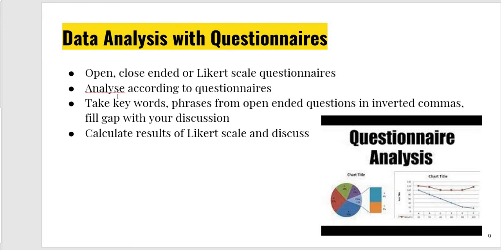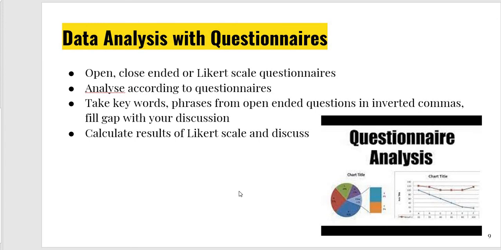You will analyze each questionnaire according to its frame, its style, and its content. Take keywords and phrases from open-ended questions in inverted commas. Suppose one person has answered with some particular word. Write that particular word in inverted commas. Then you will fill the gap with your discussion. You will prove that stance.